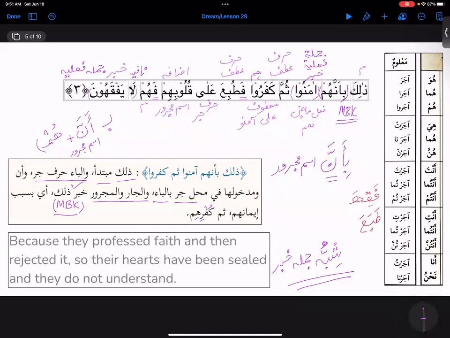If they are connected together, then we're gonna take them together. So the whole thing is ism majroor. And why is this ism majroor? Because of this ba. Make sense? Yes. So we can call them MBK. We can call them a khabar of dhalika.